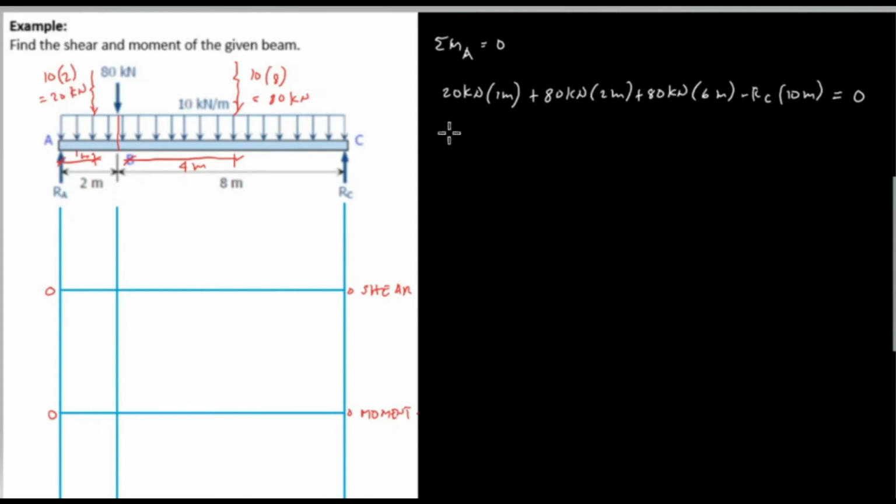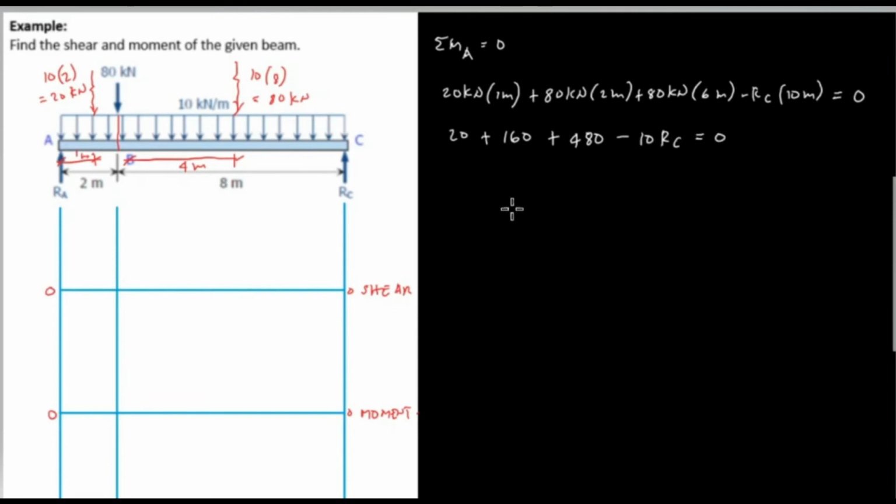Simplify. So 20 times 1 is 20 plus 80 times 2 is 160 plus 80 times 6 is equivalent to 480, then minus 10 RC, which is equivalent to 0.